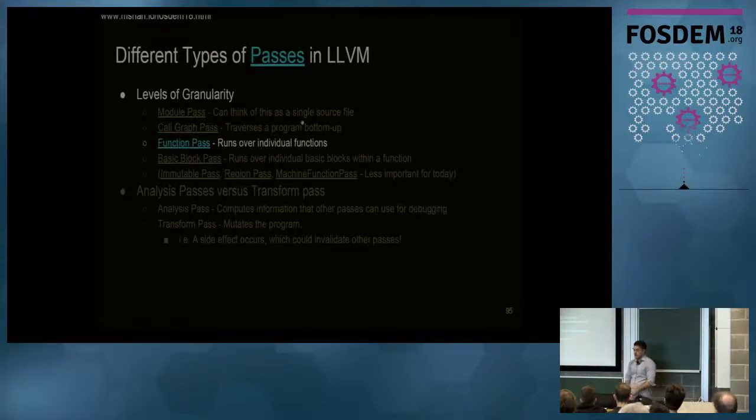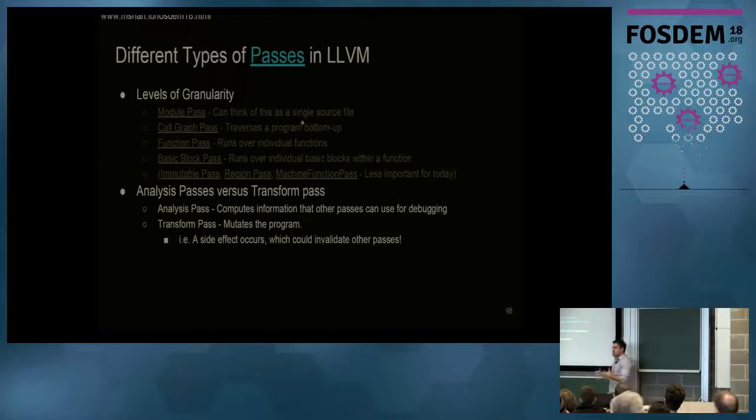A function pass runs over individual functions, so every function that you have in a program. Basic block passes run over all the blocks, anywhere between the curly braces in C++, essentially. And then there are a few other types of passes. There might even be more added in the future.